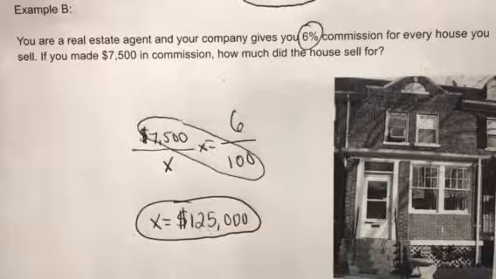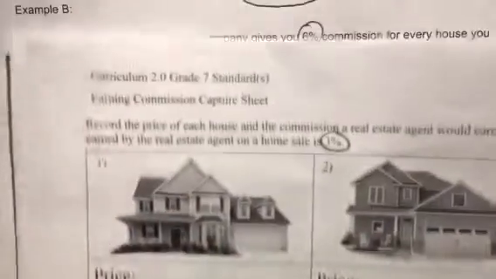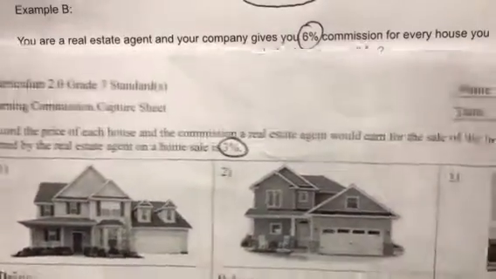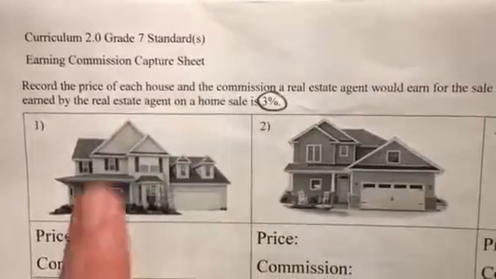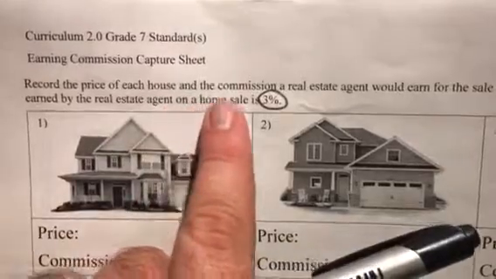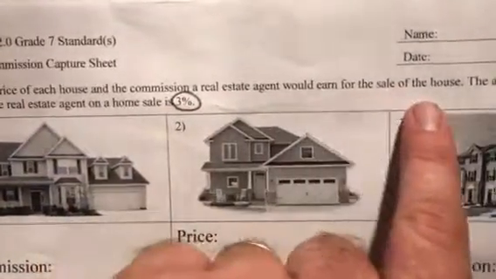Using this information and these notes, I want you to complete the packet that has 6 houses. Notice that on this packet with the houses, it says record the price of each house and the commission a real estate agent would earn for the sale of the house.